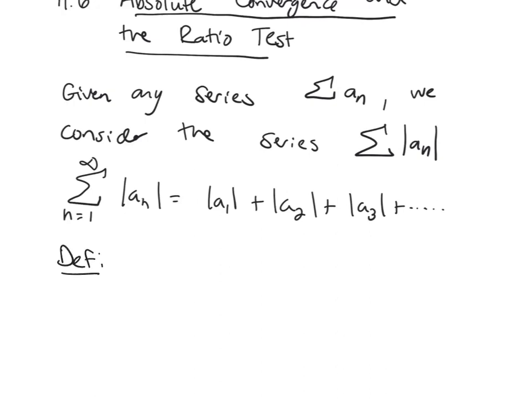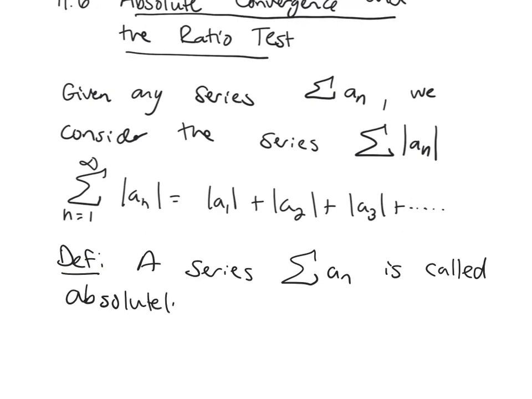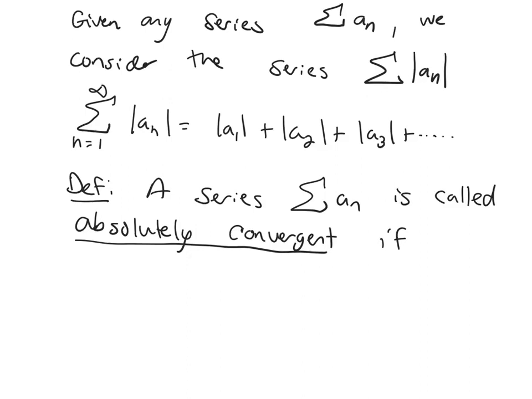So the definition is a series, sum of a_n, is called absolutely convergent if this new series is convergent.